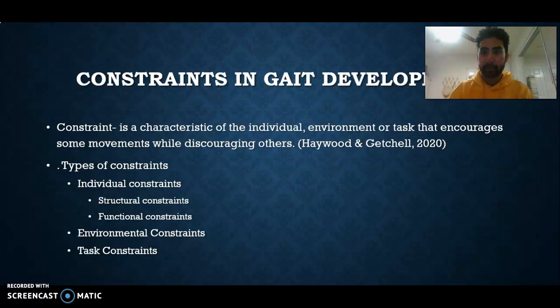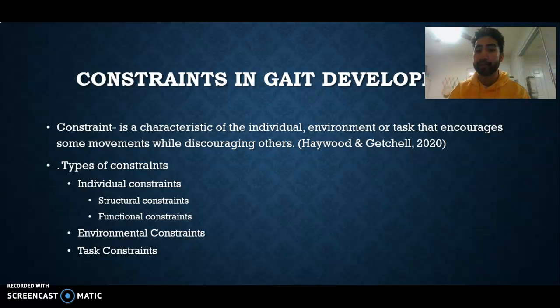Like I said about constraints, constraints are a really important factor when determining how the gait will develop. A constraint is a characteristic of the individual, environment, or task that encourages some movement while discouraging others, as said by Haywood and Getchell.